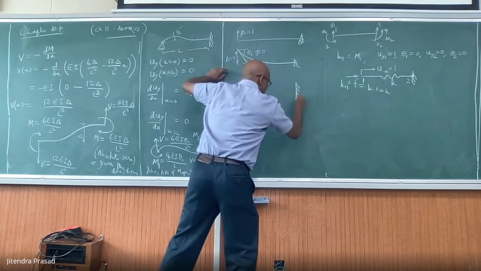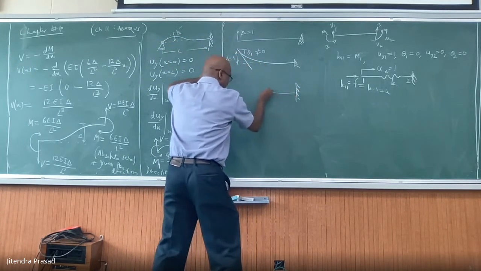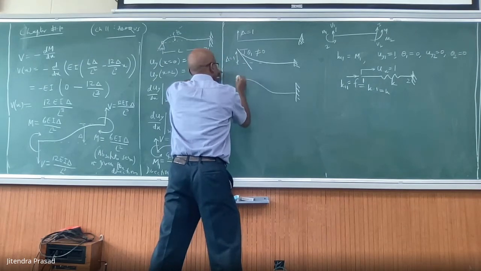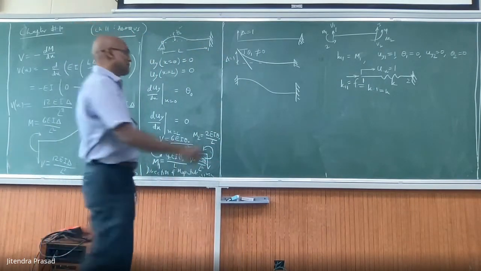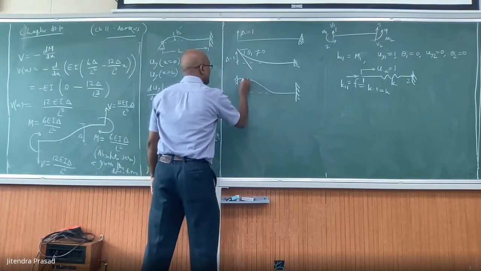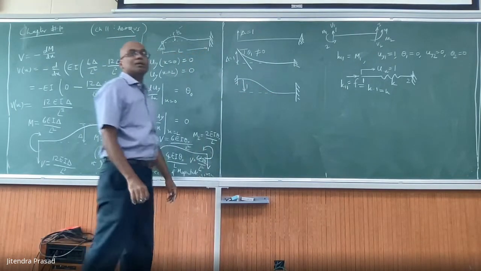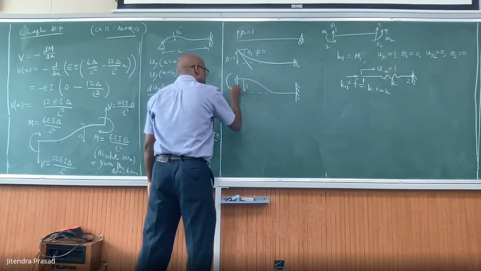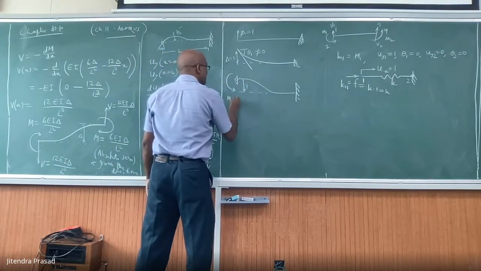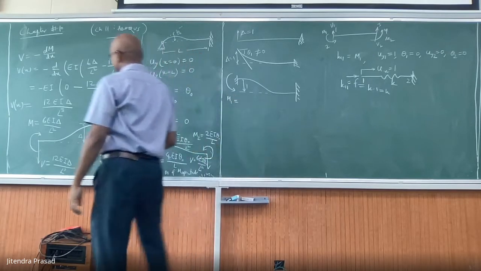When you constrain it, it will look like this. And this is equal to 1. And then in this case there will be a moment, M1, which we have the value of here.